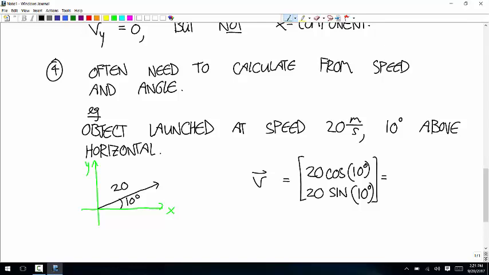And that's, I think, 19.70 and 3.48, something like that. Any questions about any of those things with velocity?